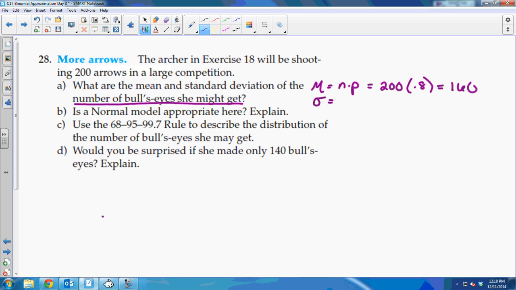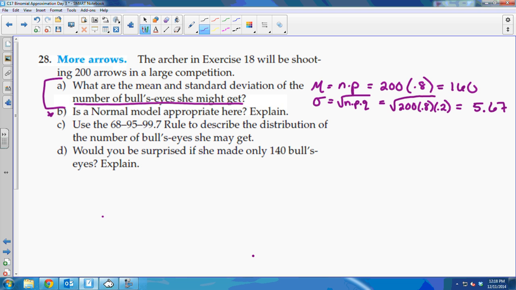The standard deviation is the square root of n times p times q. So 200 times 0.8 times 0.2, that's 5.67. You guys could have done that last night, no big deal. Mean, standard deviation.